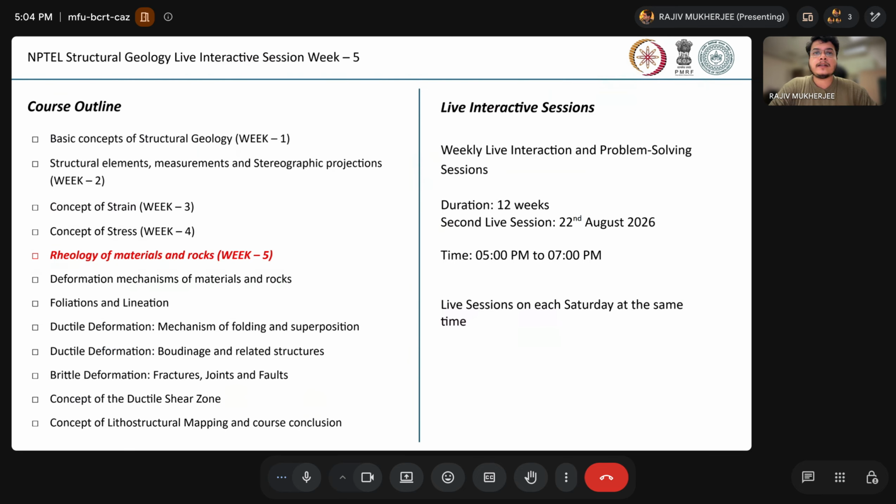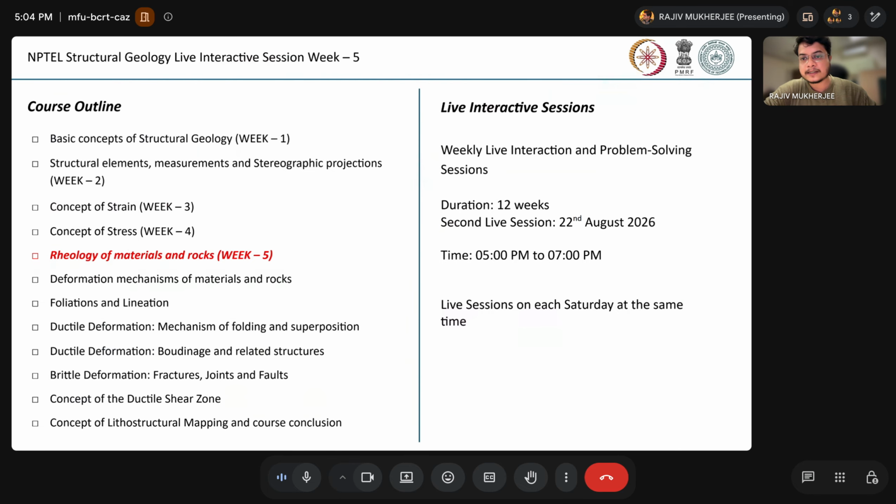First we learned how to identify strain. That told us, okay, this is deformed and this is not deformed. So the distinction between deformation and something which is not deformed comes from the idea of the measurement of strain.